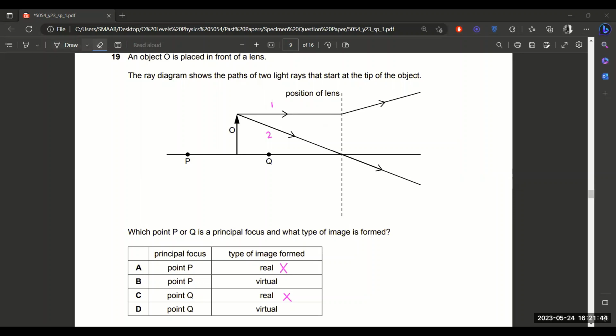So if we extend that line straight in the backward direction, that will be something like that.